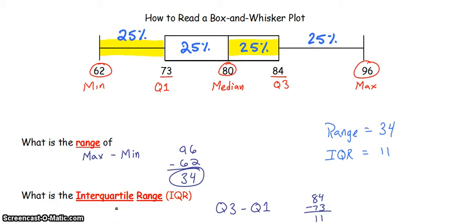So you may be asked how much of the data set falls between the minimum and the median. It's a matter of adding up 25% and 25% to say 50%. Or how much of the data set falls between Q1 and the maximum. It's this 25, and this 25 for a total of 75% of the data would fall in between the Q1 and the maximum.